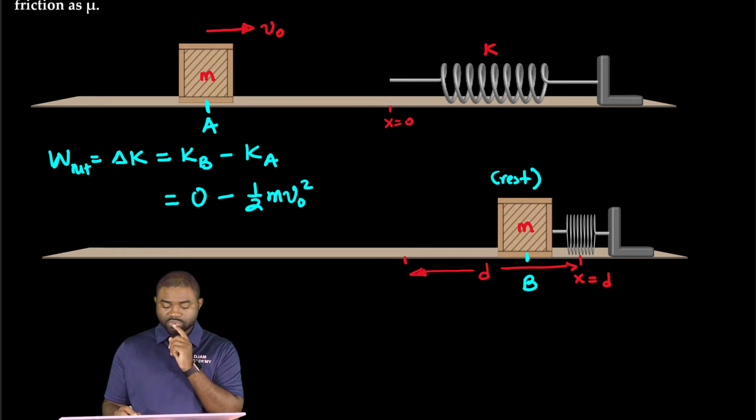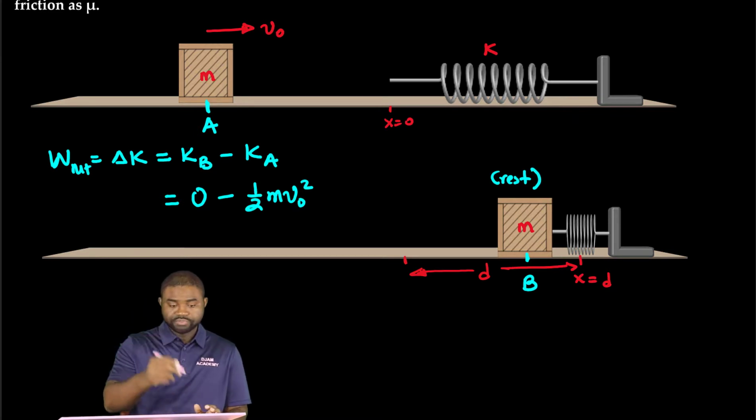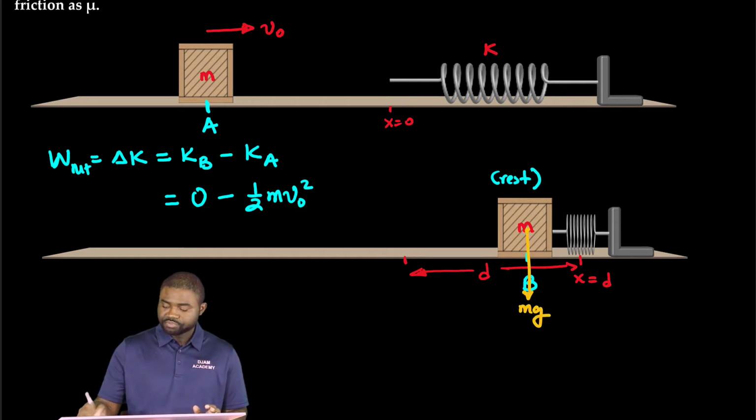The next question is, what will be the net work done in the absence of friction? In order for us to calculate the net work done, it will be helpful for us to draw a free body diagram. If I draw a free body diagram, this is mg.